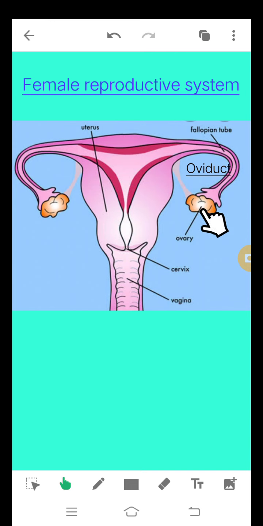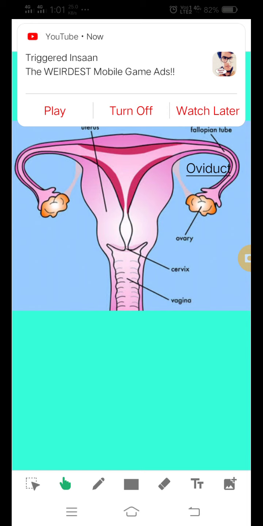Now the ova which is produced from the ovary is moved further through this oviduct. It is carried by the oviduct to the next part of the female reproductive system, which is called the uterus. And the uterus is a bag-like muscular structure in which the ova is carried further.